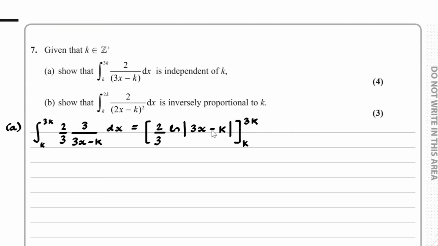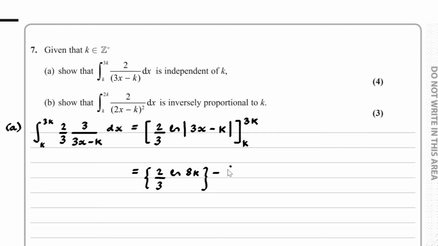And so if I substitute in for my upper limit, we have 2/3 times the natural log of, well, here I've got 3 times 3k, which is 9k, subtract another k, so that will be 8k.